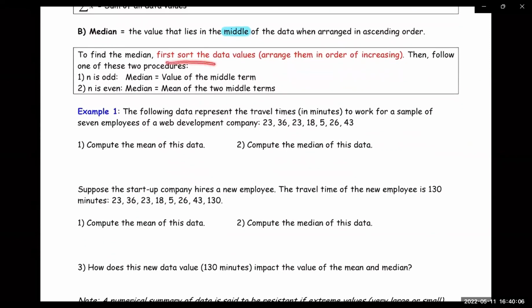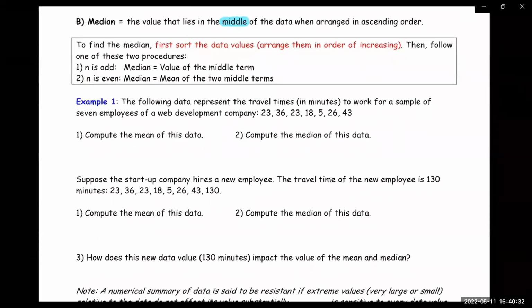To find the median, first sort the data values from smallest to largest, then follow these two procedures. If N is odd, you just take the middle term. But if N is even, you take the two middle terms and find the mean. That means you add them and divide by 2.